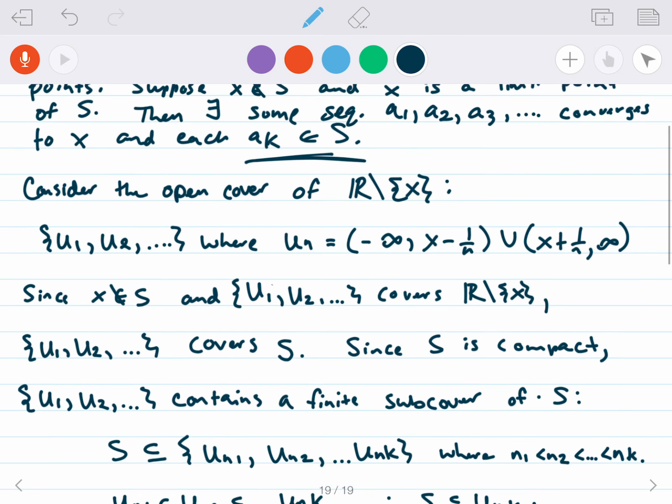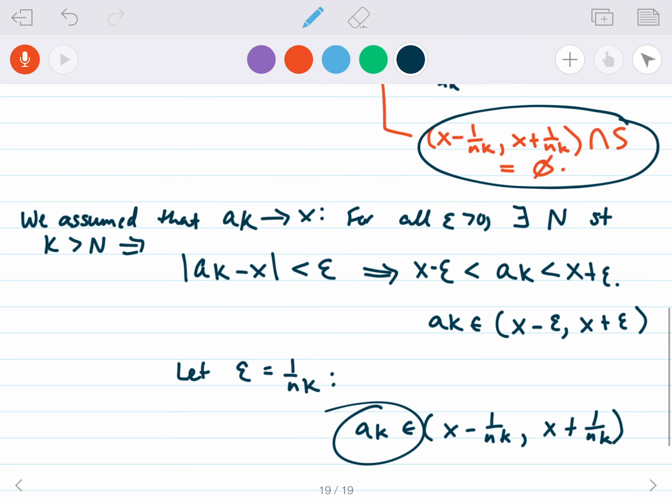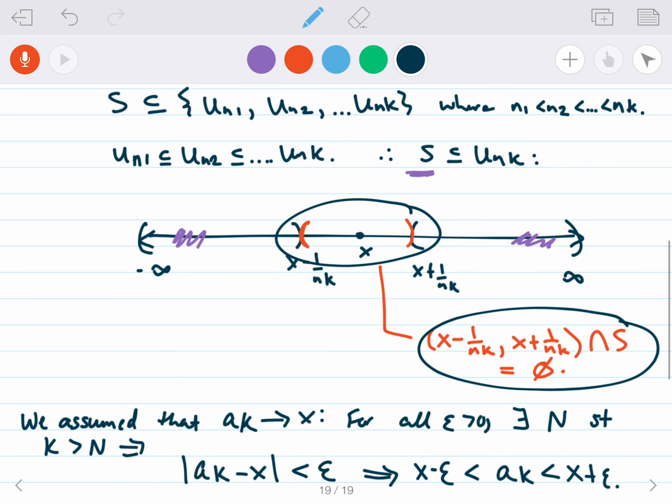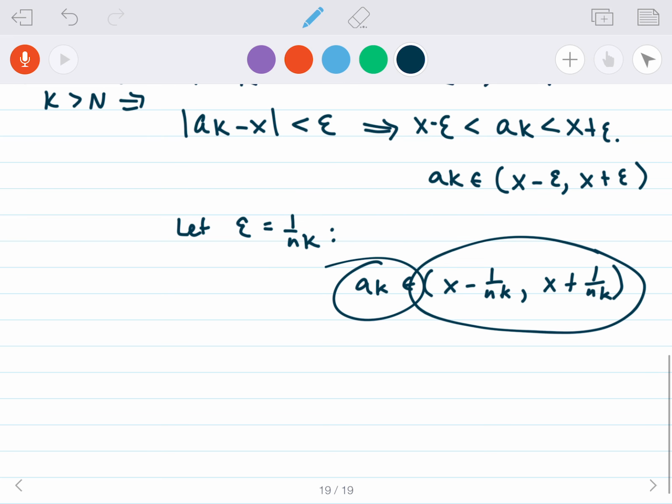Each of these a_k was in S, but since this a_k is in this neighborhood, which intersected with S, the purple, is empty, this is going to give us the contradiction here. Okay, contradiction.